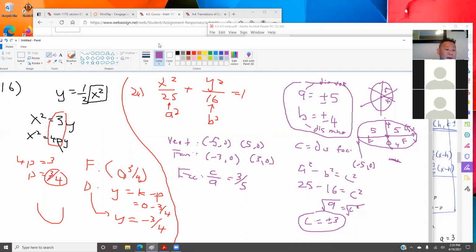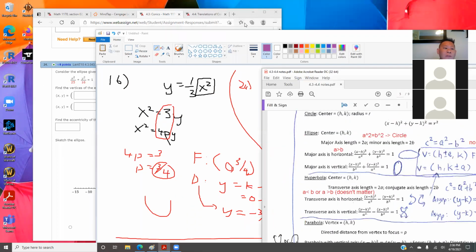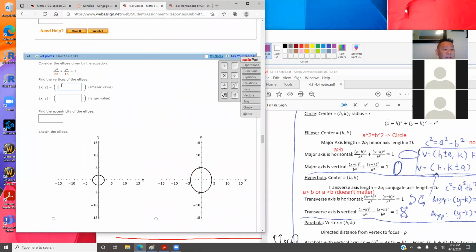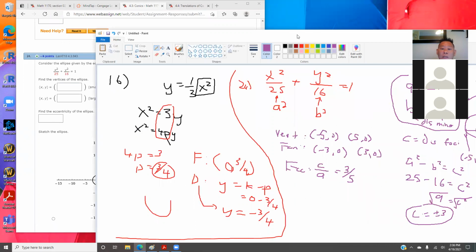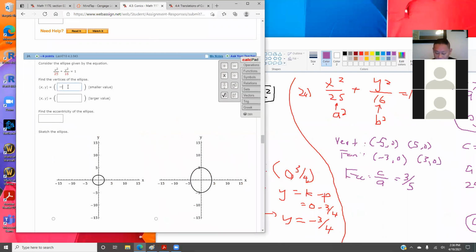They don't even ask for foci here, but usually in the test, I will ask for foci. So for your online homework, where it asks for vertices, your vertices in this case will be -5, 0 and 5, 0. They want the smaller one first, so -5 is the smaller one, and 5, 0 is the larger one.